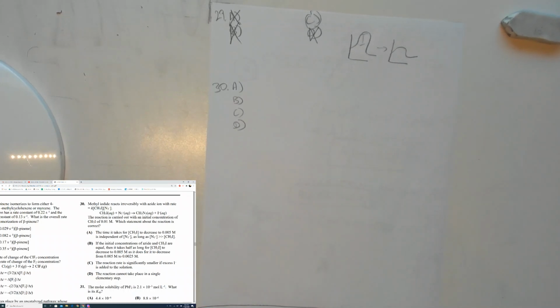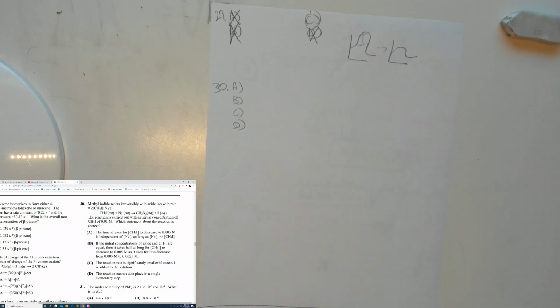Methyl iodide reacts irreversibly with azide in the rate law, rate = k[CH3I][N3-]. The reaction is carried out with an initial concentration of CH3I. Which statement about the reaction is correct? Alright, the time it takes for CH3I to decrease to half is independent of the azide concentration?